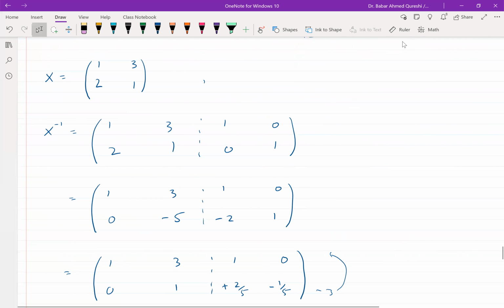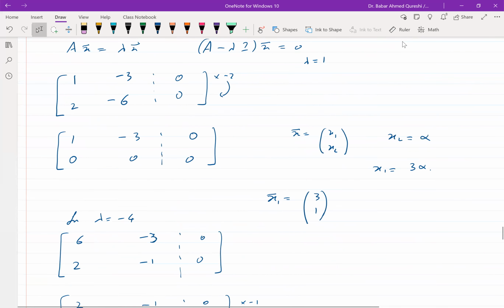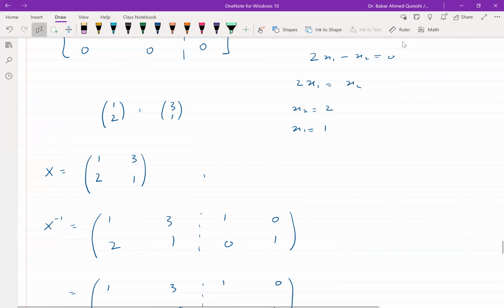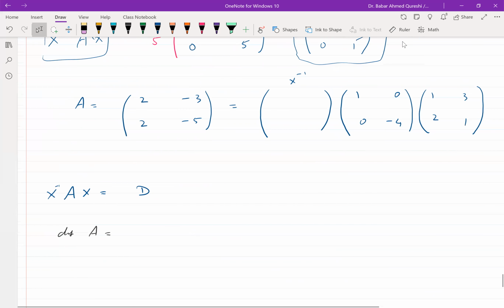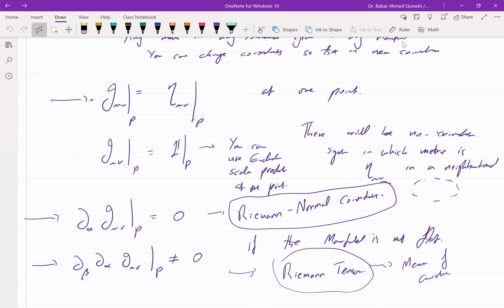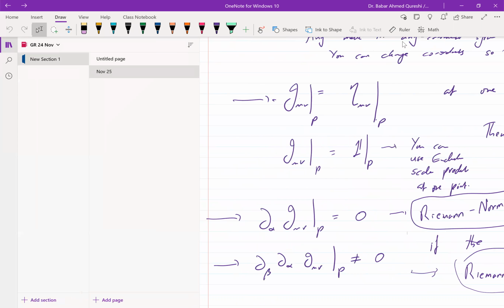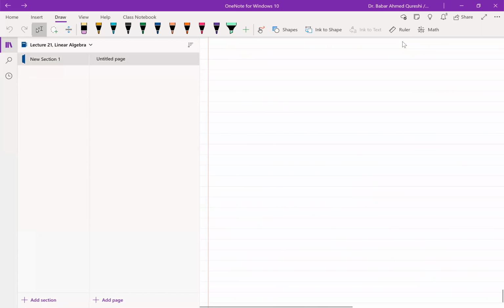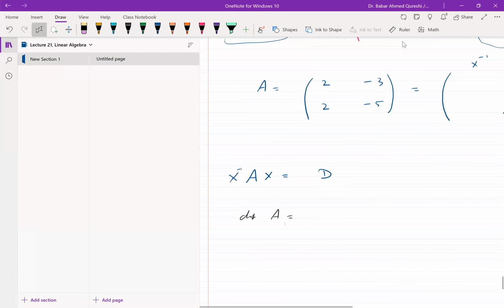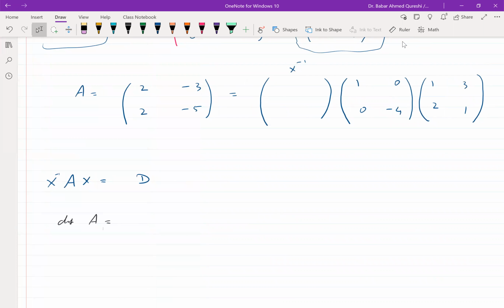If I directly compute the determinant of A, which is 2, minus 3, 2, minus 5, the determinant of A is minus 10 plus 6, which is minus 4.